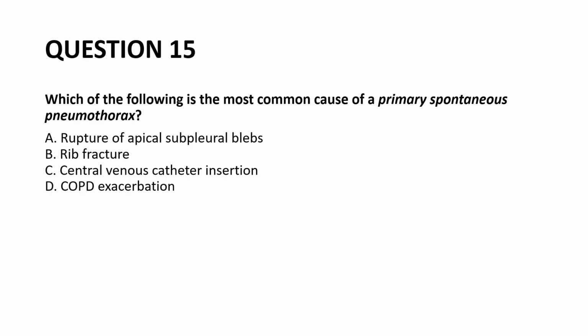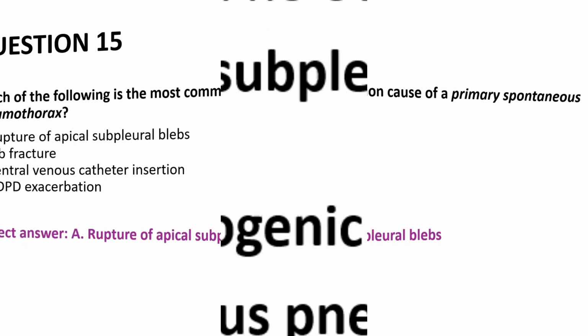Which of the following is the most common cause of a primary spontaneous pneumothorax? Rupture of apical subpleural blebs, rib fracture, central venous catheter insertion, COPD exacerbation. The correct answer is rupture of apical subpleural blebs.